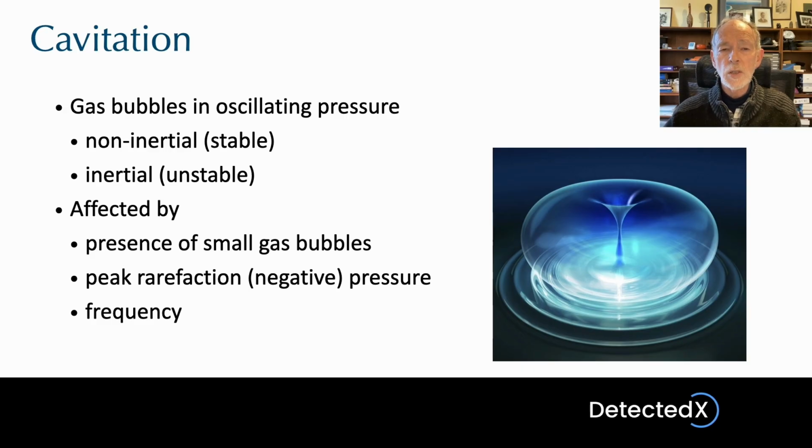There are many situations where there are gas bubbles in the GI tract, in the lungs, and so on. The next important parameter is the maximum negative pressure value. And I'll show you on the next slide exactly what I mean by that. And then the third parameter is frequency. Luckily for us, the risk of cavitation, and in particular inertial cavitation, reduces as the frequency becomes higher. So the fact that we use such high frequencies in ultrasound helps to reduce the risk of cavitation.